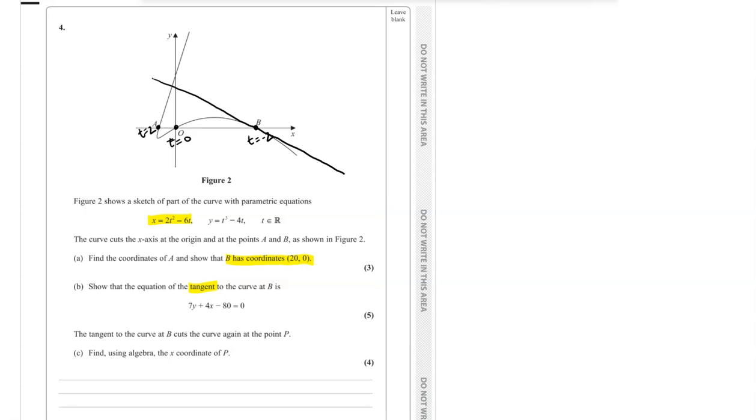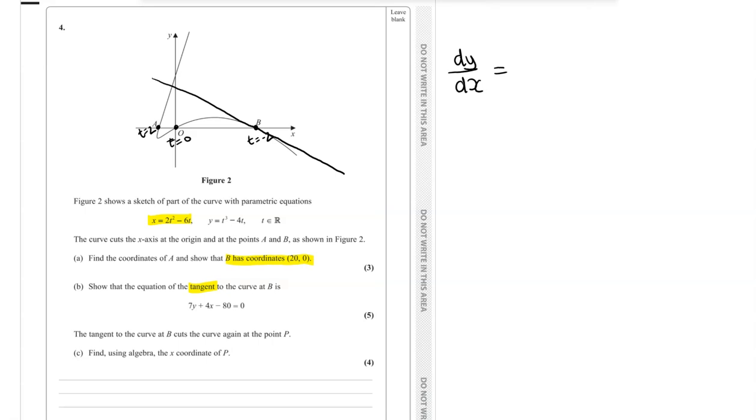We mentioned at the start, to find dy by dx, we could get the Cartesian equation of the curve. But that's going to be a bit tricky, and then we might have to do some tricky differentiation afterwards. So let's find a quicker way.